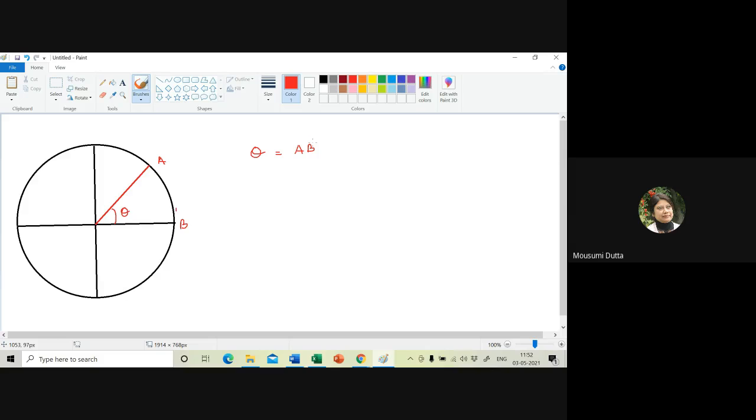Radius is equal to 1. So it is AB. So AB can be any number, say 2, 3, 4, 5, any number, the size of the arc, the length of the arc, you know.